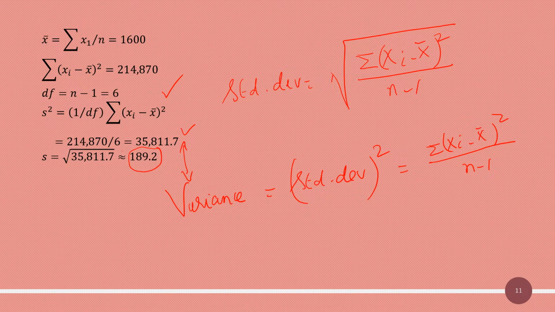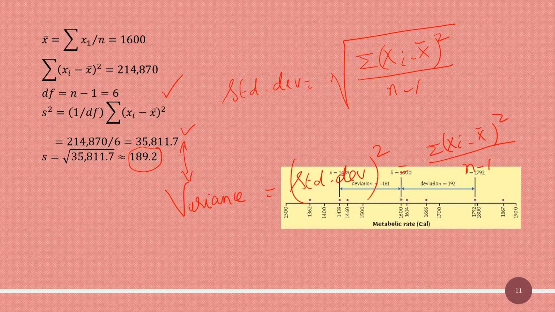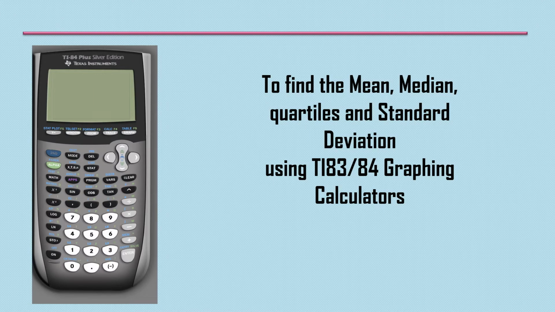When the numbers are quite large, it is difficult for us to find the standard deviation or other calculations manually. So let us see whether we can use our graphing calculator to find these mean, median, quartiles, and standard deviation.